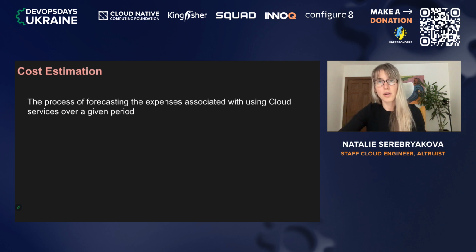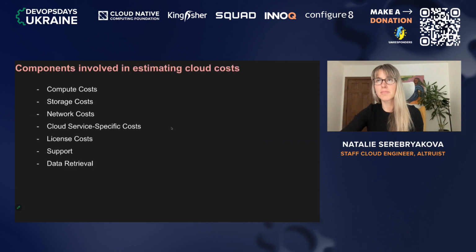When we are trying to estimate the cloud costs, what kind of costs should we consider? I'm not going to cover what cloud disaster recovery is, but I expect that people use different cloud providers, could be AWS, GCP, Azure, Alibaba Cloud, there are a good number of them.